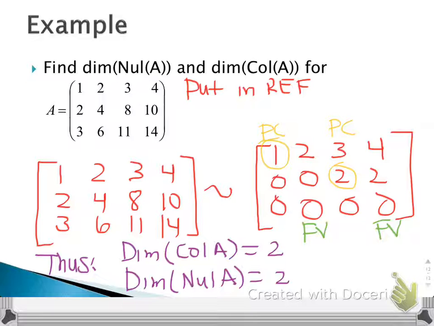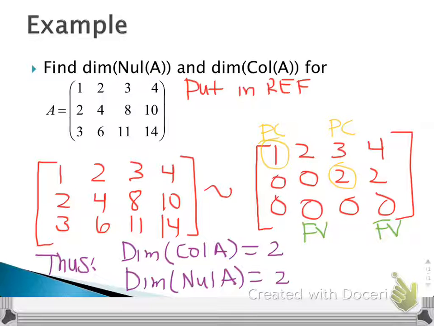Find the dimension of the null space of A and the dimension of the column space of A, okay? And so here we have the matrix A, and this should look familiar because I think we've used the same matrix in our notes before. However, I'll still leave it to you all to row reduce it down, so I skipped that step, but the final version when you row reduce, well, REF, again, the numbers could be different, but the pivot columns will be the same.